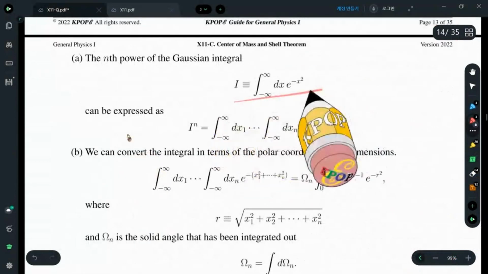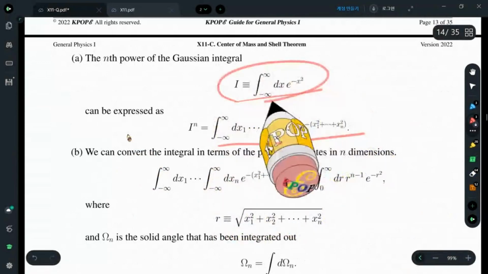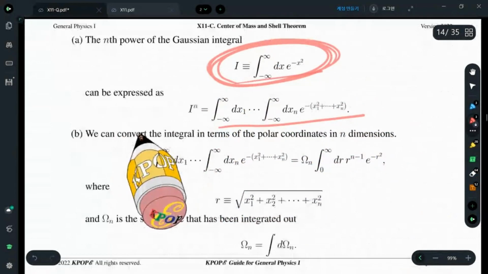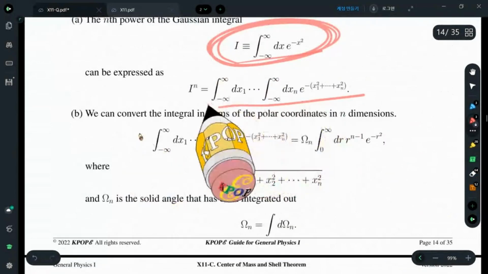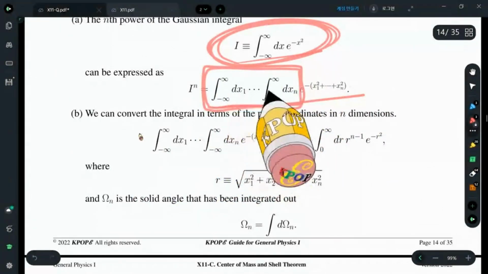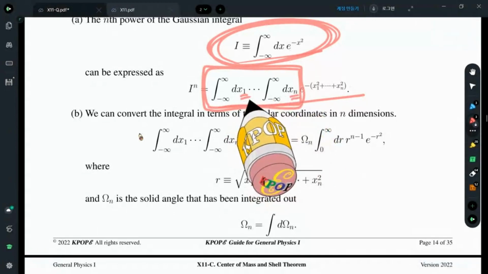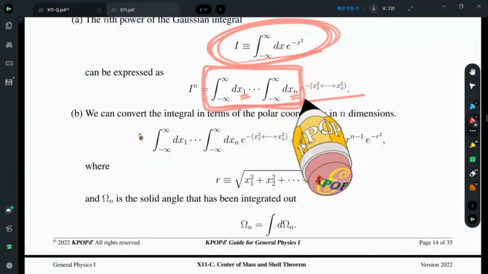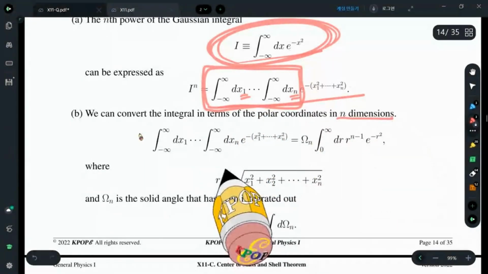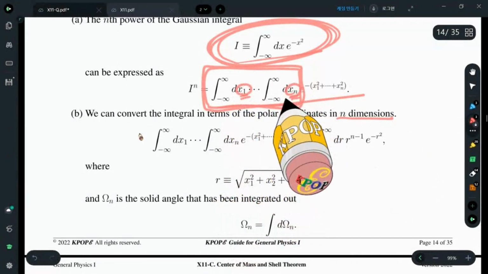Using this fact, we can extend this one by multiplying n powers of a Gaussian integral. If you integrate this, you will face this integral over the Cartesian coordinates, not x, y, z, but x1 to xn. That's an n-dimensional Euclidean space with n-dimensional Cartesian coordinates.